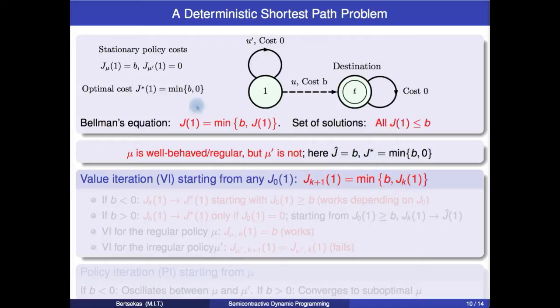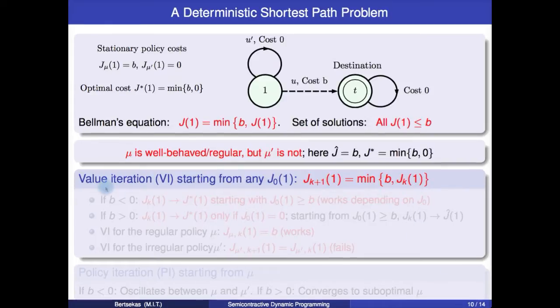And J star, of course, we have already calculated, is equal to the minimum between b and 0. And we note that depending on whether b is positive or negative, we can have equality between these two, or J hat may be strictly larger than J star.